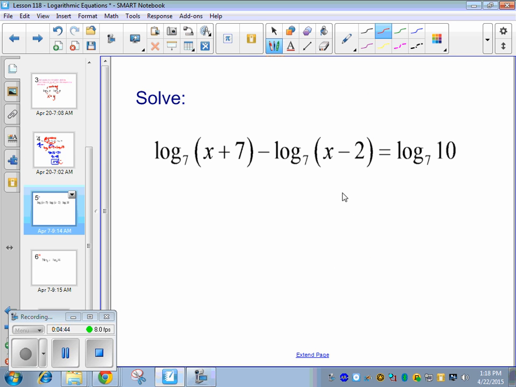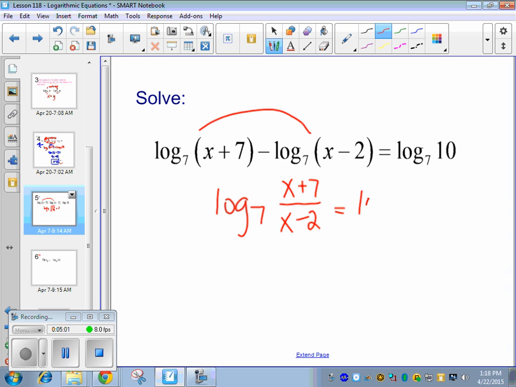All right, same thing here. We're going to condense this into 1 log 7 on this side of the equation. But this time we have a minus sign. So what are we going to do with our arguments? We are going to divide. Okay, once you've condensed it so there's just 1 log 7 on each side, now you can set the arguments equal to each other.